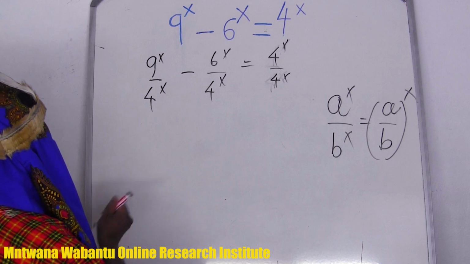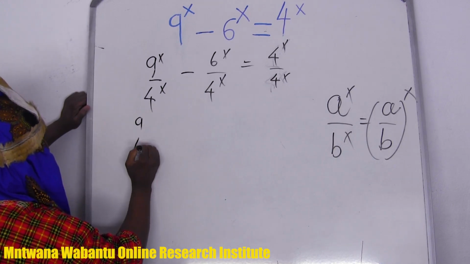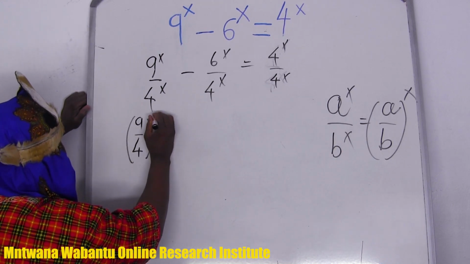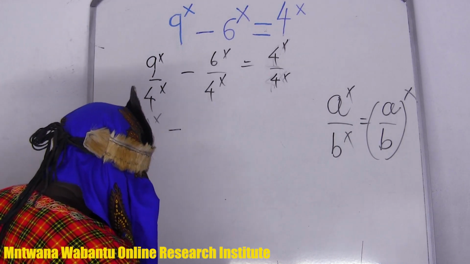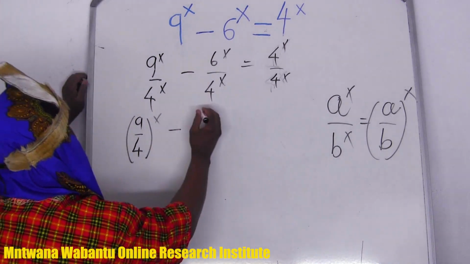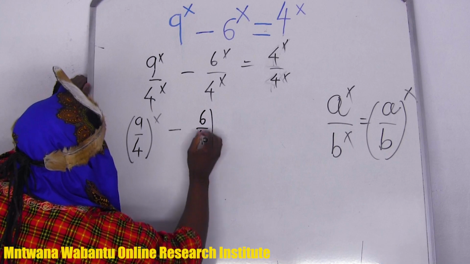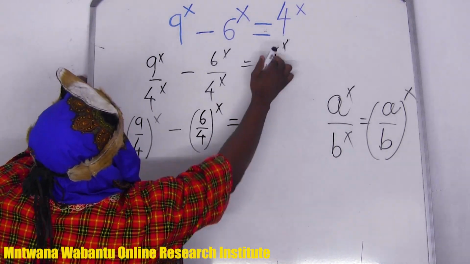I'm going to do the same thing here: 9 over 4, all power x, minus 6 over 4, power x, equals 1.